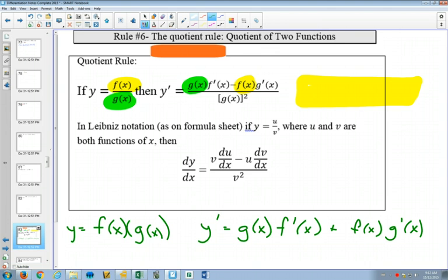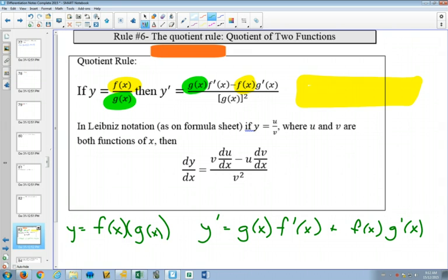Because here, with the quotient rule, whatever's on the bottom, you don't take the derivative of that first, because the order matters in the quotient rule because you're subtracting. Whereas in the product rule, it really doesn't matter the order. You could keep whichever one you wanted the same first, and then the derivative of the other one, because you're adding.